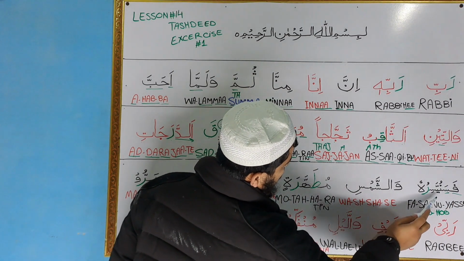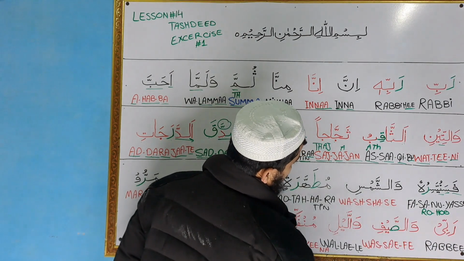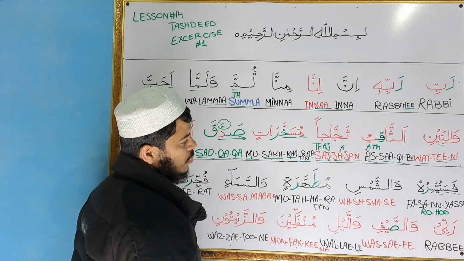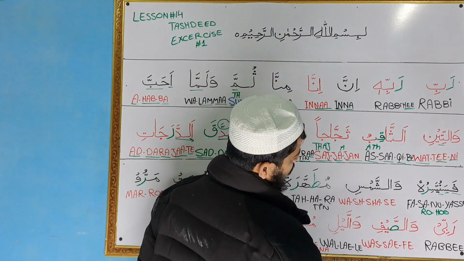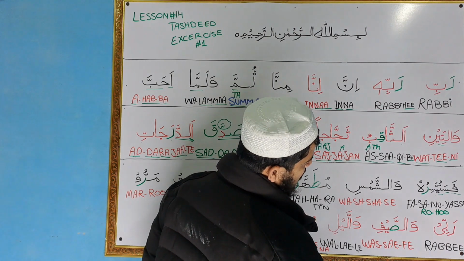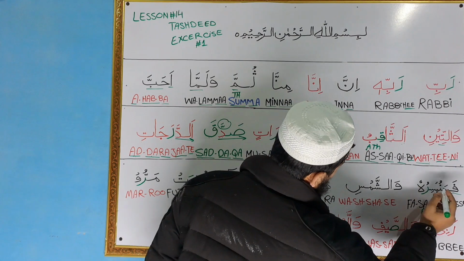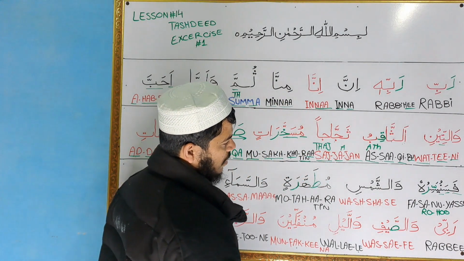Now you mix up ya with the noon because ya is having a shadda sign. So noon, ya dhamma, nu. Basically in this word, this sin will have the shadda sign. That is not written correctly.